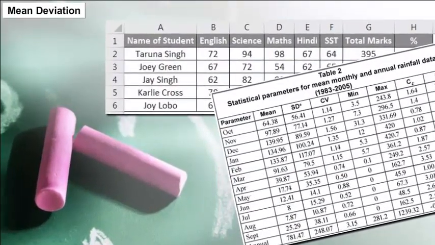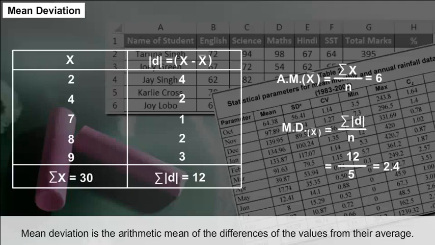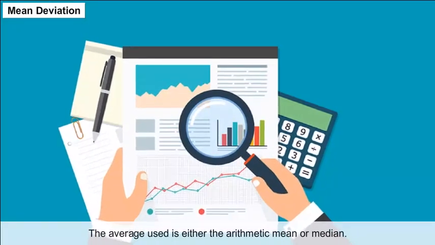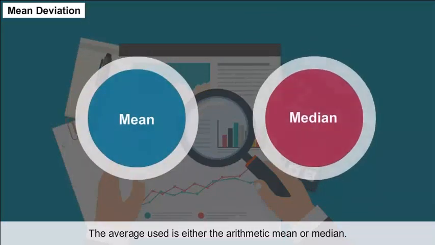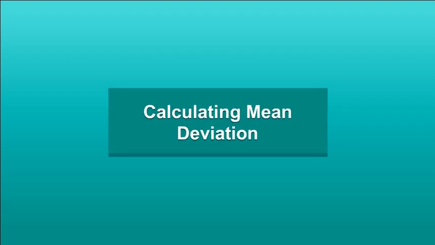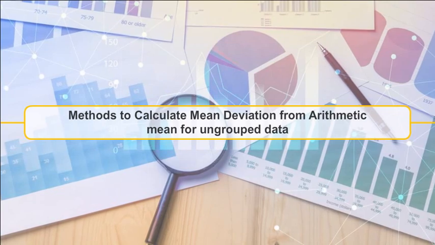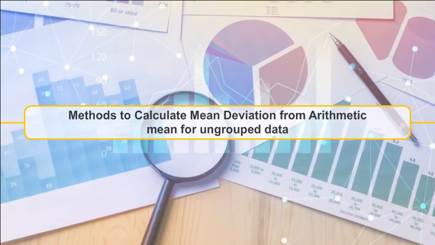Mean deviation. Mean deviation is the arithmetic mean of the differences of the values from their average. The average used is either the arithmetic mean or the median. Calculating mean deviation. Methods to calculate mean deviation from arithmetic mean for ungrouped data.